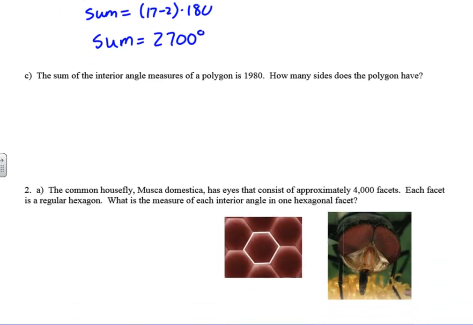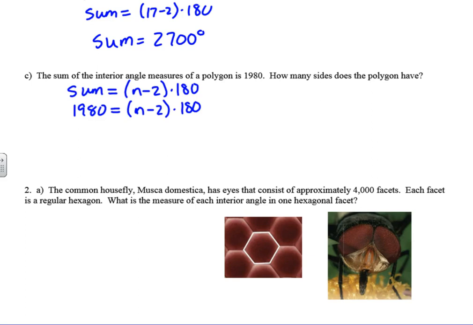Now, we flip this question around. The sum of the interior angle measures of a polygon is 1,980. How many sides does it have? So here's our formula. The sum is n minus 2 times 180. So we know the sum is 1980, and we need to figure out n. Now, some people might distribute the 180 first.